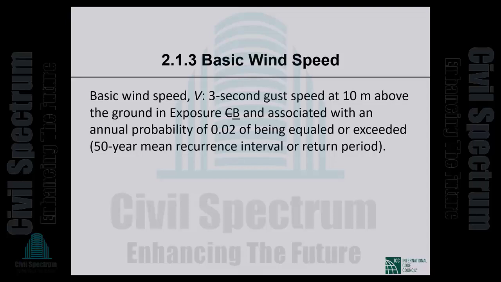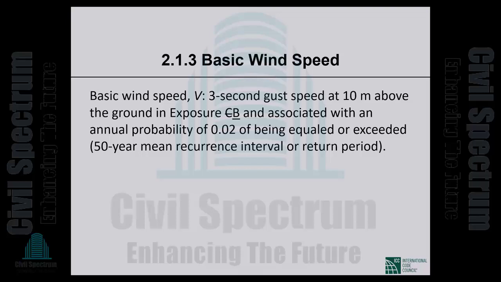3-second gust speed, what does it mean? Wind velocity changes from one instant to the next. It is never the same for any significant amount of time. So in design, we have no choice but to use some kind of an average wind speed. And 3-second gust speed is wind speed averaged over 3 seconds. Now, you do not take just one 3-second period and average wind speed over it.